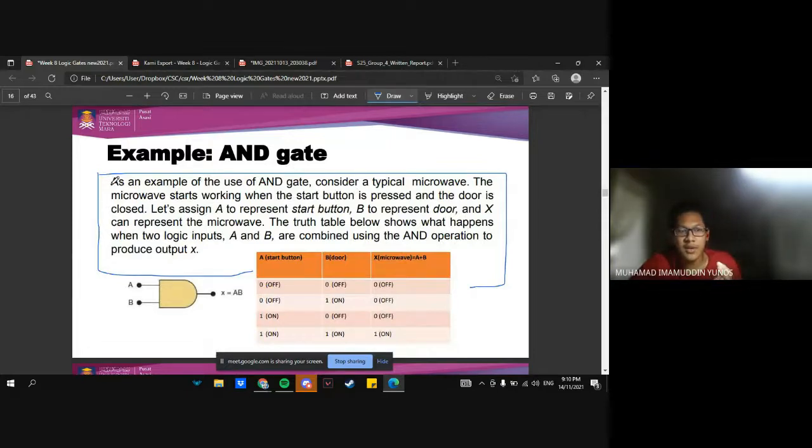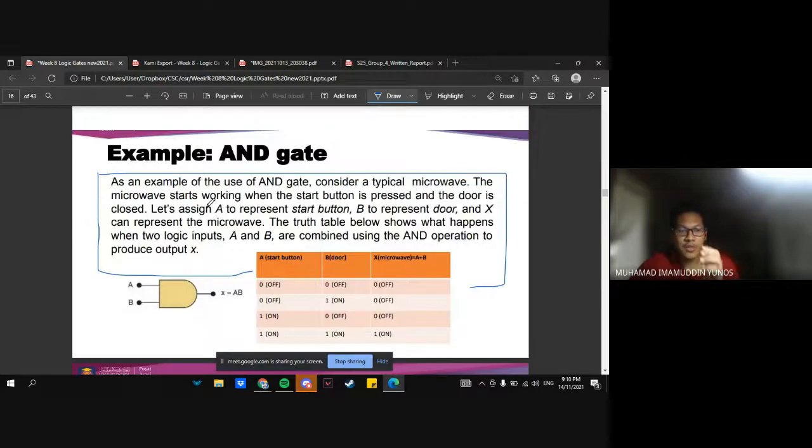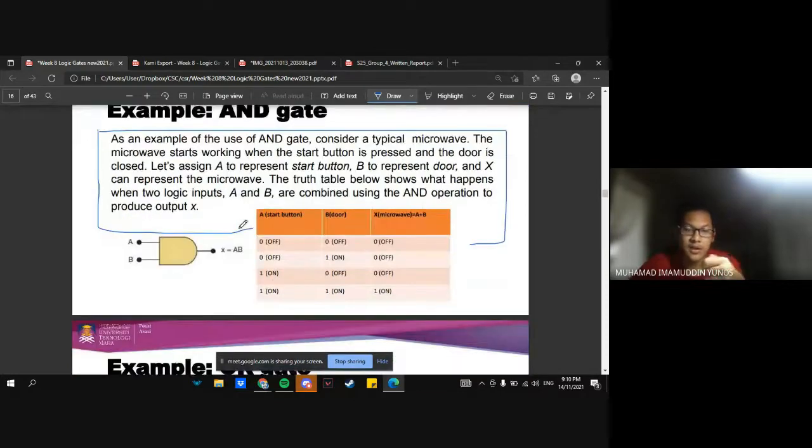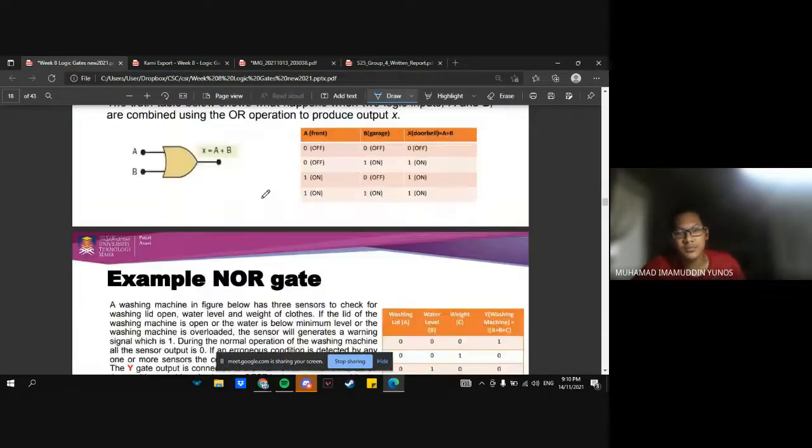For example, a typical microwave that uses a combination of operations. From the question, the first step is we must draw the truth table. And after we draw the truth table, then we can draw the logic circuit.